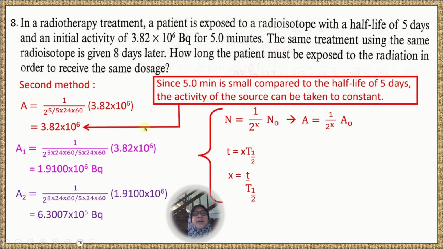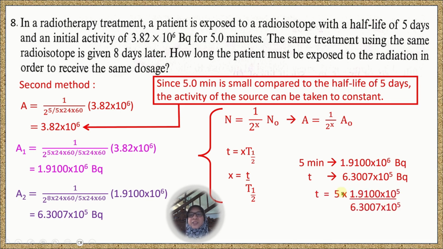Okay, so to find the time taken to expose the radioisotope, 5 minutes is taken for this activity. Then for the 6.3007 times 10 to the 5 becquerel, how long does it take, represented with this T symbol, to be exposed to the patient?